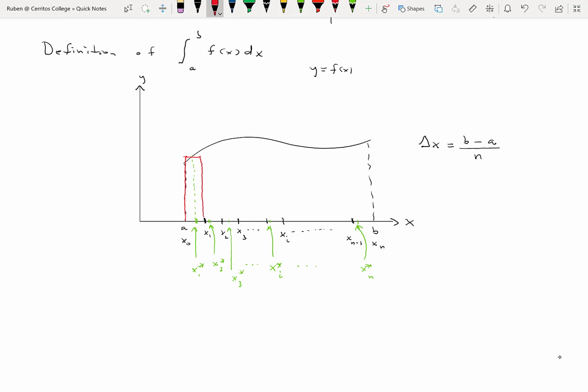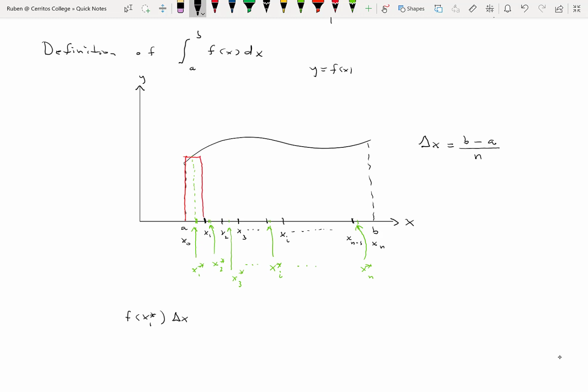What would the actual area of that rectangle be? The area of a rectangle is very simple. It's the length times the width. The length of the rectangle is the y value at x sub 1 star, so that's f of x sub 1 star, times the width of the rectangle, which is delta x. That gives me the area of that first red rectangle.